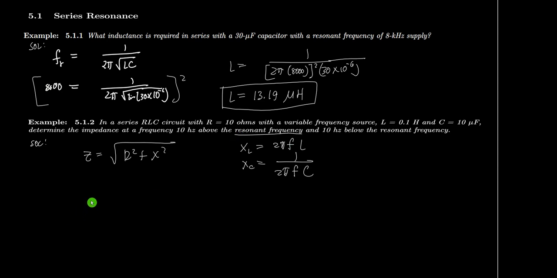From our formula in the previous example, f_r is equal to 1 over 2 pi times the square root of L times C. We already know L is 0.1 Henry and C is 10 microfarad. So this will be 1 over 2 pi times the square root of 0.1 times 10 times 10 to the negative 6.